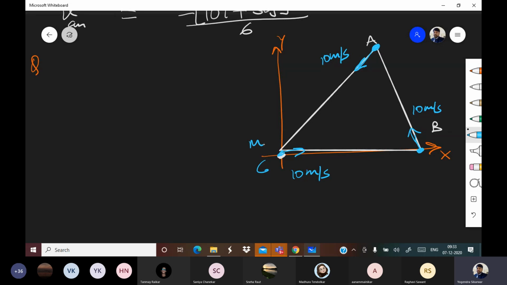Picture is still pending. This is M, this is 2M, this is 3M. The triangle is an equilateral triangle, that means 60, 60, and 60. All right. So the question is, find VCM.